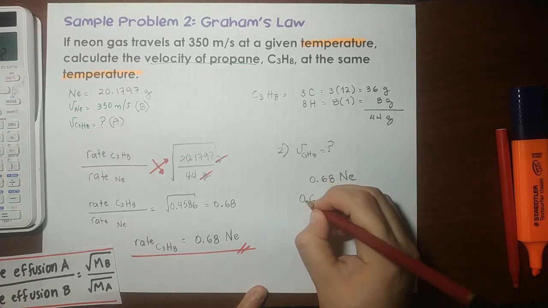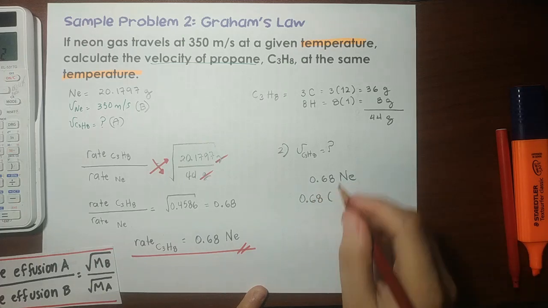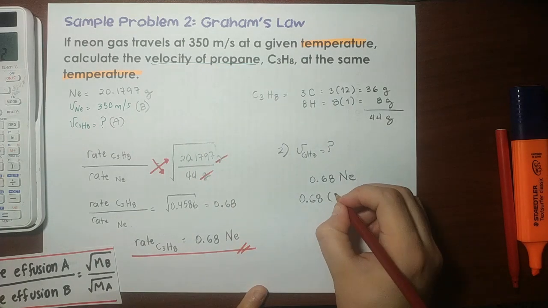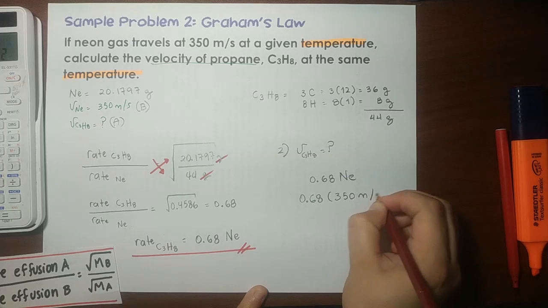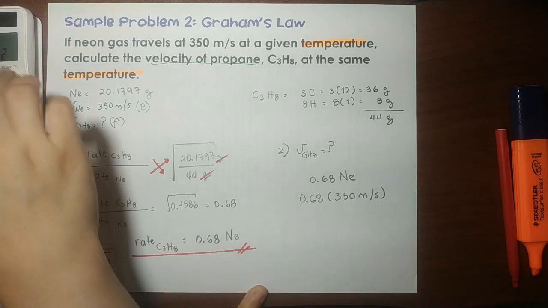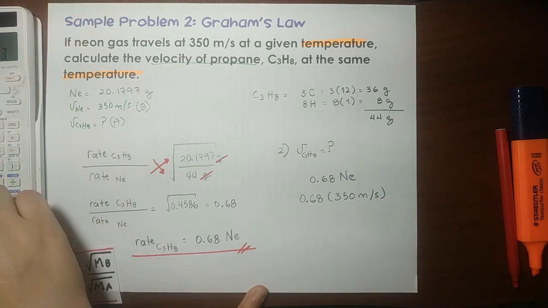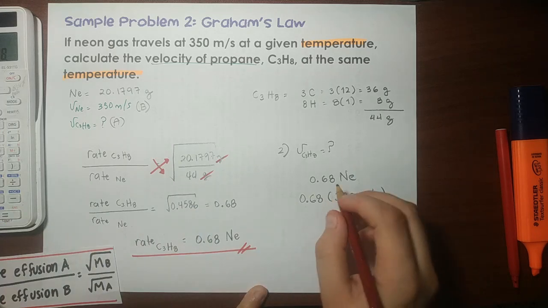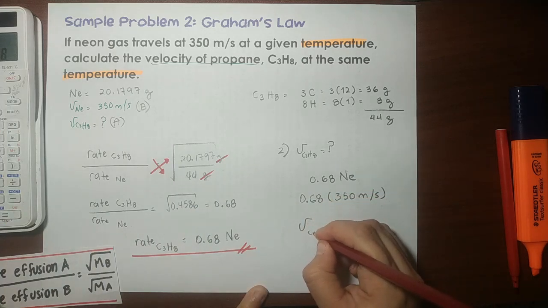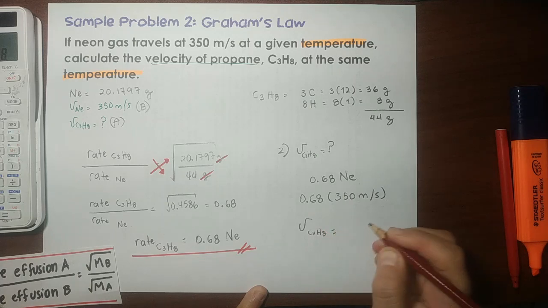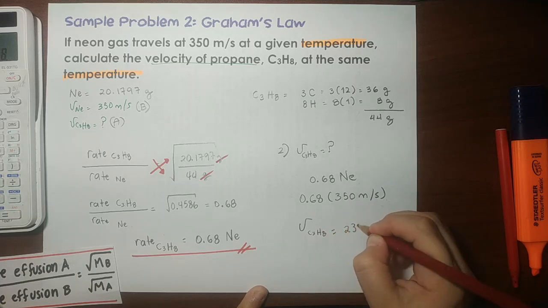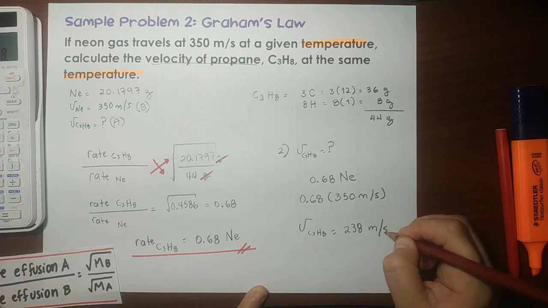So what I do is I would just multiply times neon's velocity, which is 350 meters per second. 0.68 times 350 gives me velocity of propane equals 238 meters over second.